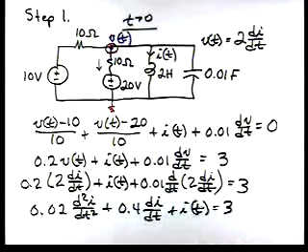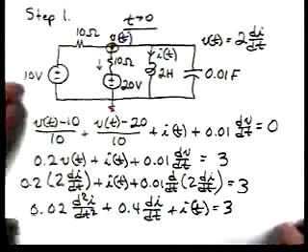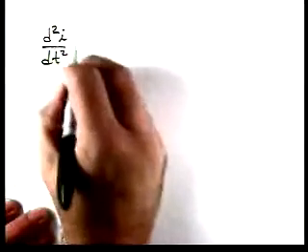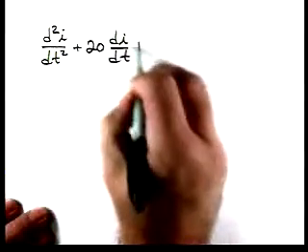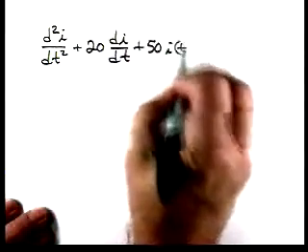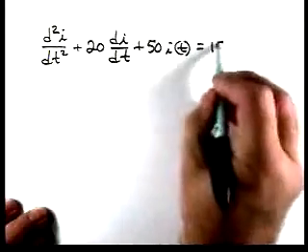Now let's multiply by 50, and when we do that, we'll get d²i/dt² plus 20 di/dt plus 50 i(t) is equal to 150.